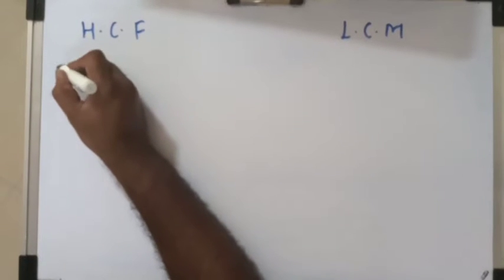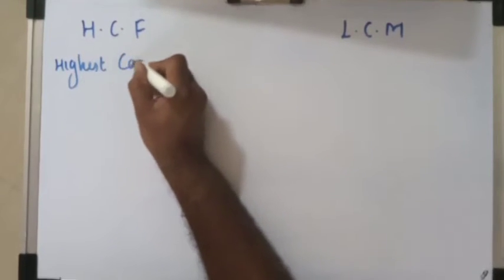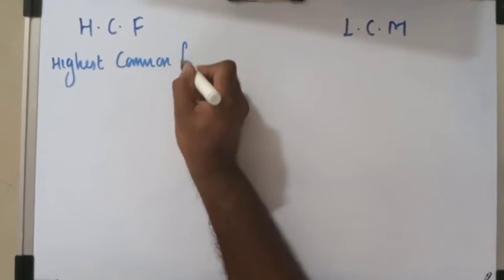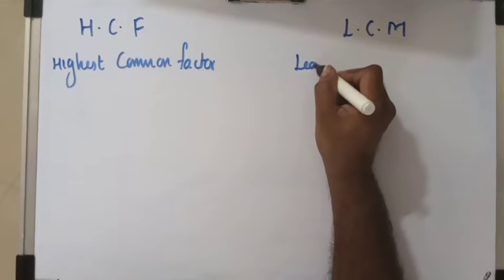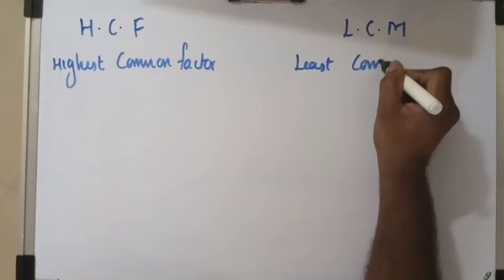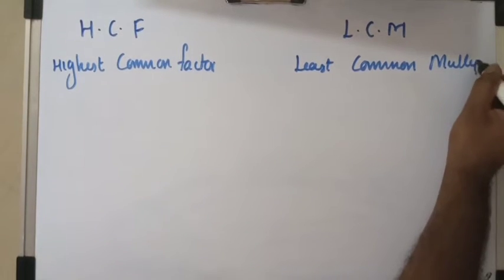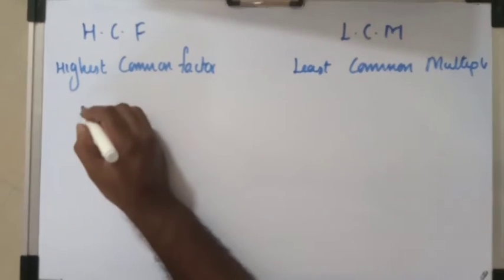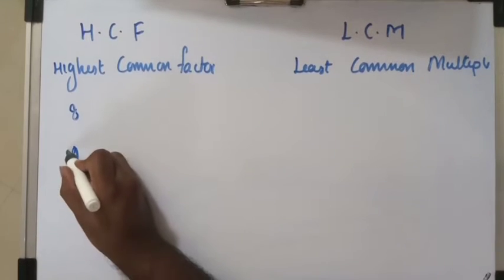So HCF is called highest common factor, okay, and LCM is called least common multiple.